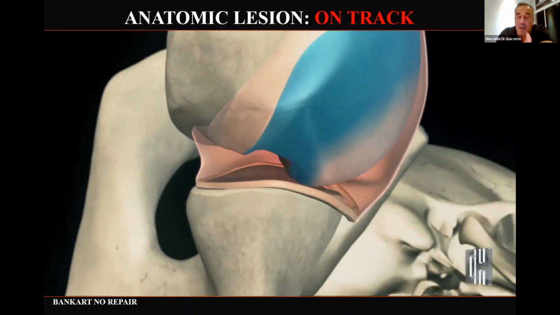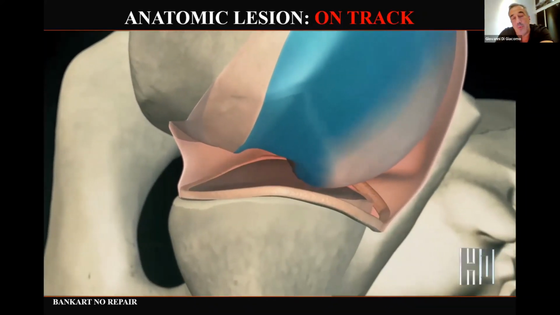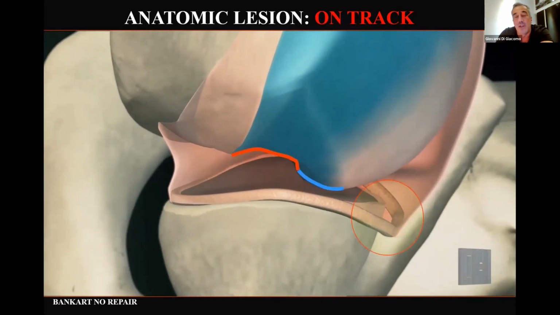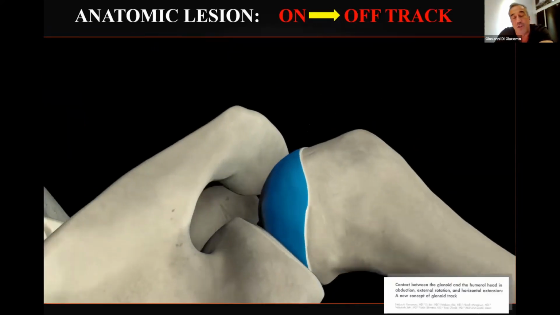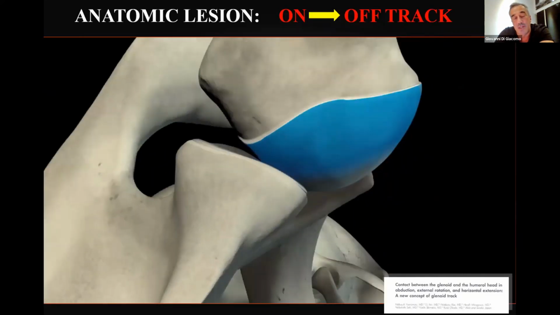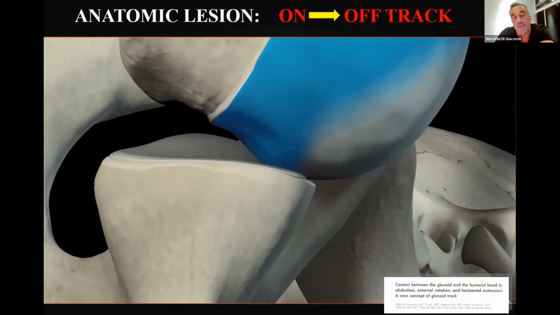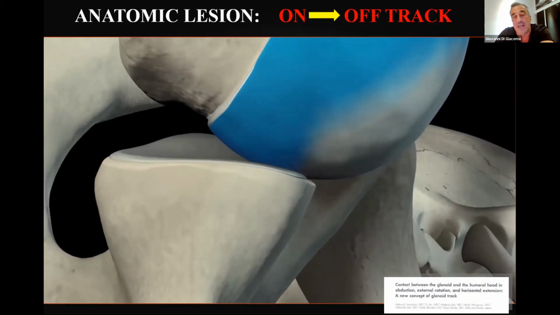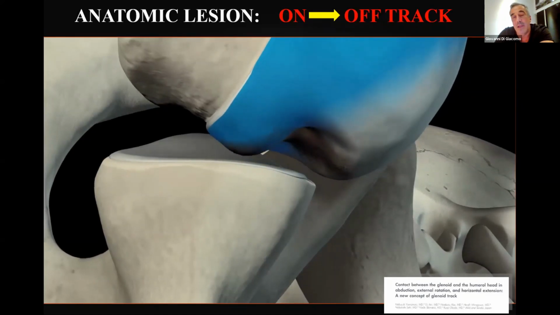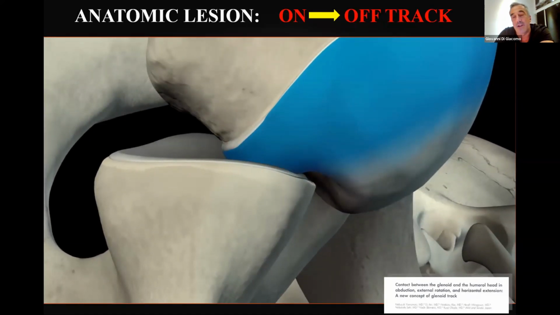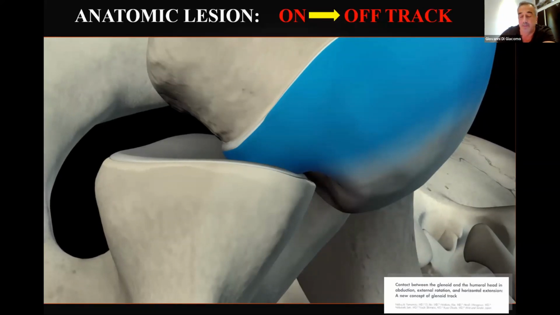And I will try to explain during these 20 minutes that when we speak about Hill-Sachs lesion, we have to try to understand through images, CT or MRI, if it is on track, and I will speak about what the glenoid track lesion is, but very, very important is also to be able to look if the Hill-Sachs is off track. Usually the off-track Hill-Sachs lesions are very large, and are very close to the center of the humeral head, very medial.